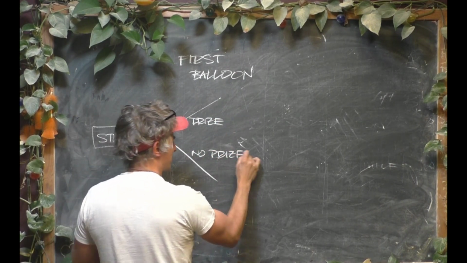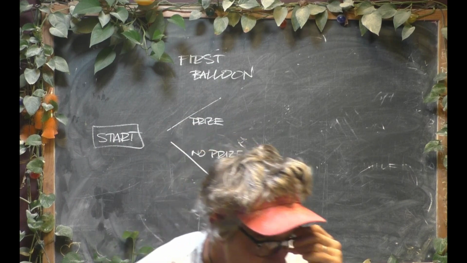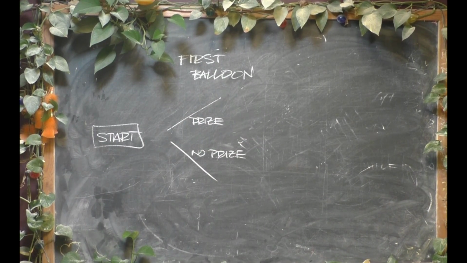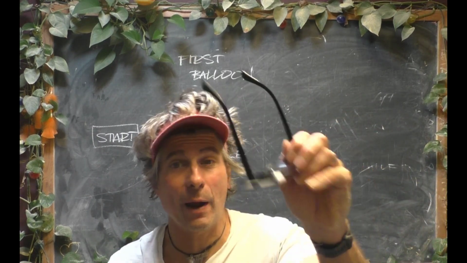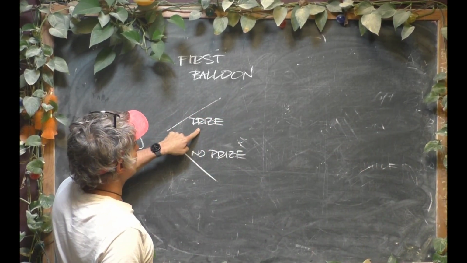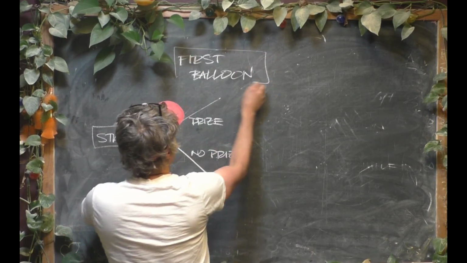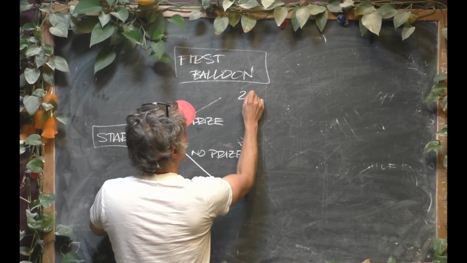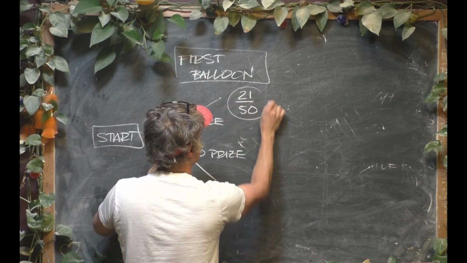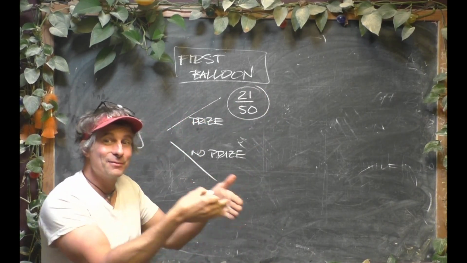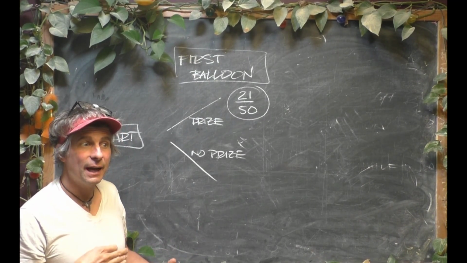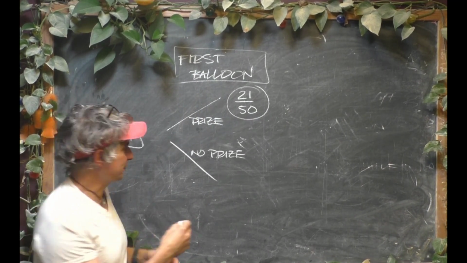Okay, now if I remember correctly, 21 have prize tokens. So the chance of you getting a prize on the first balloon is 21 out of 50. I'm going to put that in a little circle here. Which means the chance of not getting a prize on that first one is whatever's left out of 50. 29 out of 50.